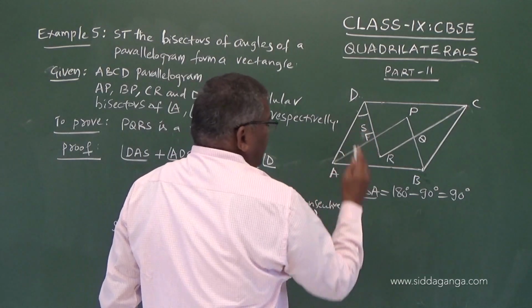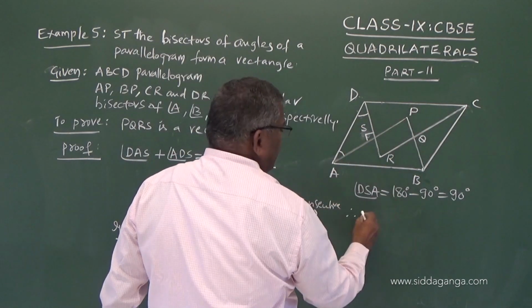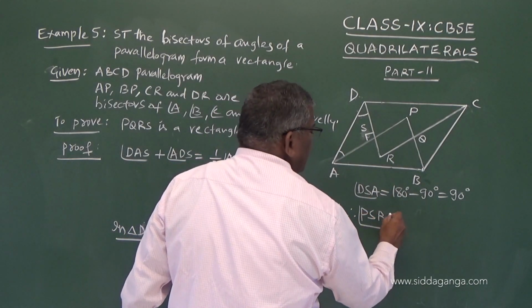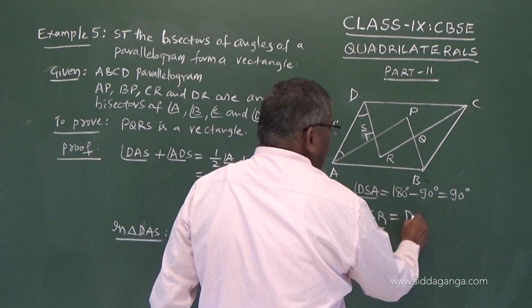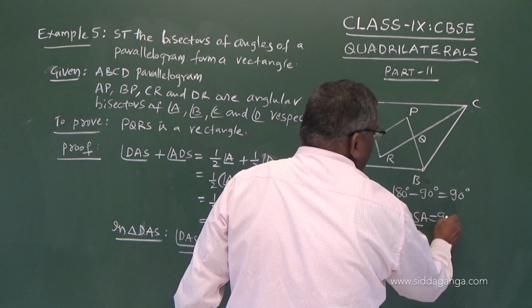When this is 90 degrees, its opposite angle PSR is equal to DSA, vertically opposite, which is 90 degrees.